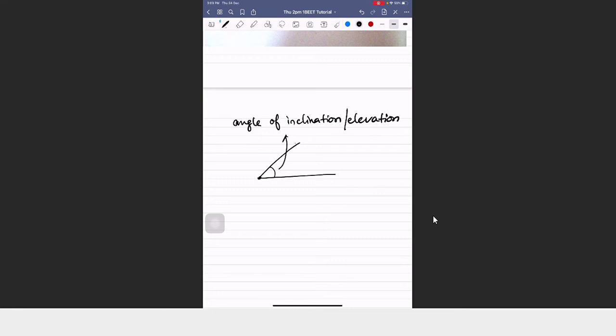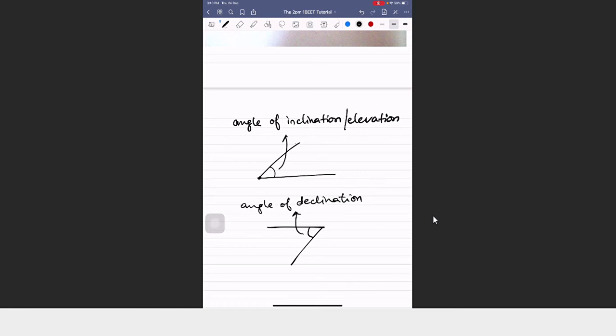Whereas another one is angle of declination. It's like you decline. So this is the other way around, from the top looking down. So then this is the angle. So this is the concept of angle of inclination or elevation.